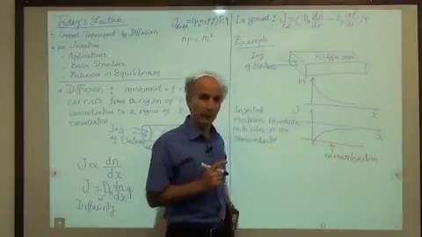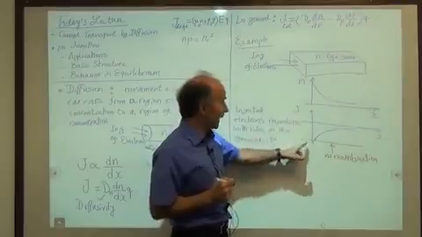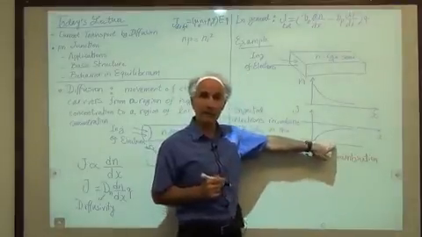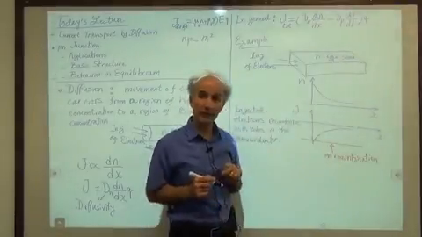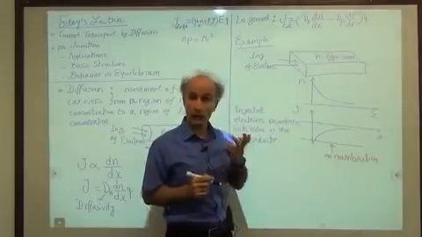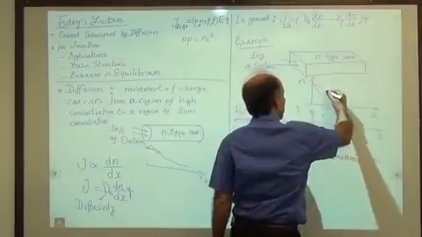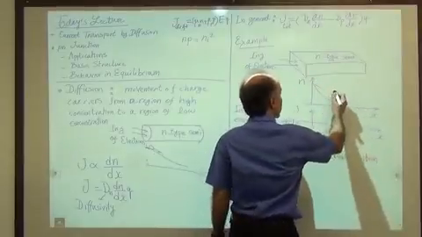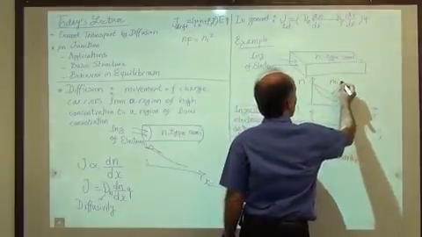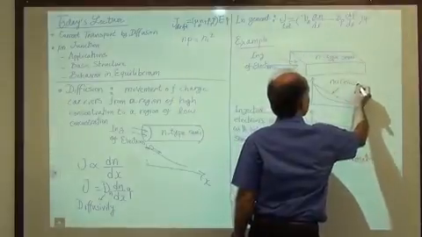Okay, now we work backwards. If J is constant like this, what should N look like? N should be a straight line with a negative slope. So N has to be like this. So that is the case of no recombination.